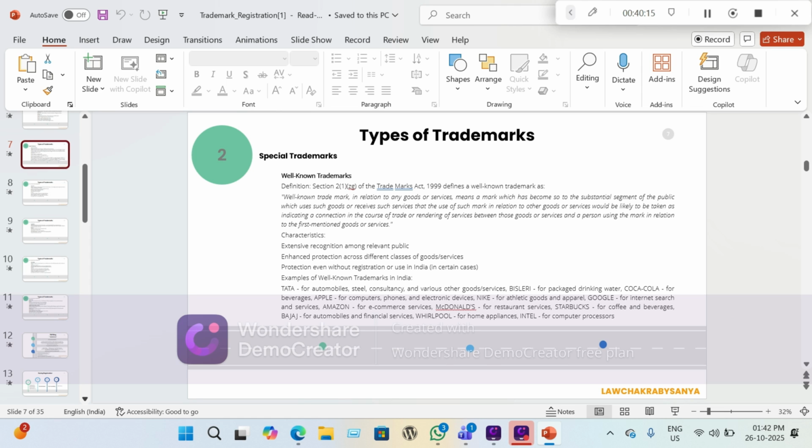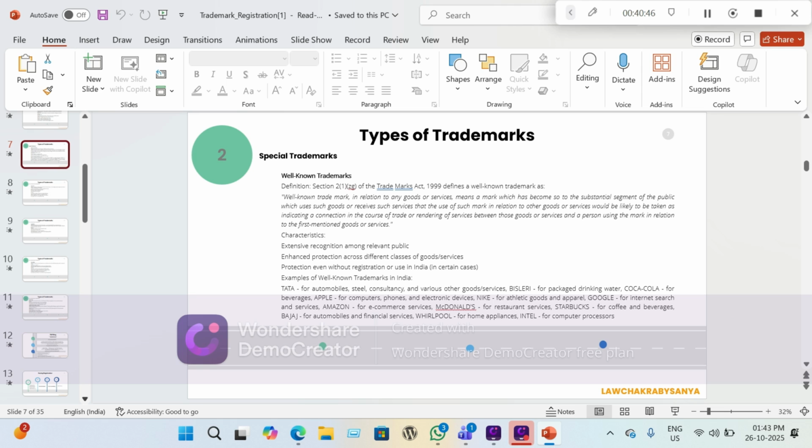So what are the characteristics of well-known trademarks? There is extensive recognition among the relevant public, and there is enhanced protection across different classes of goods and services, protection even without registration or use in India in certain cases. Now, this is another aspect that you must be very clear with, very aware of, is that registration by and in itself does not give you the right over that trademark.